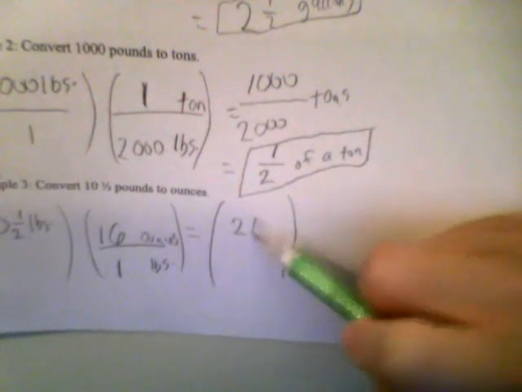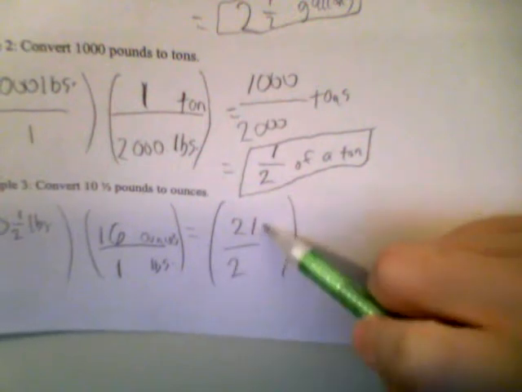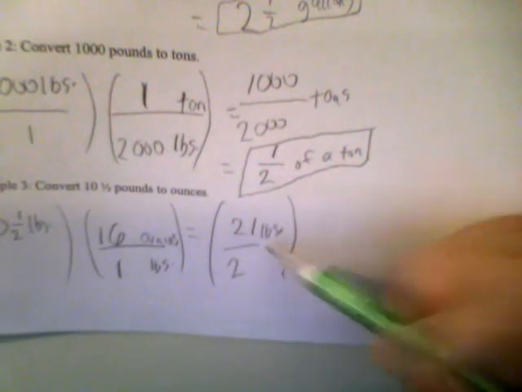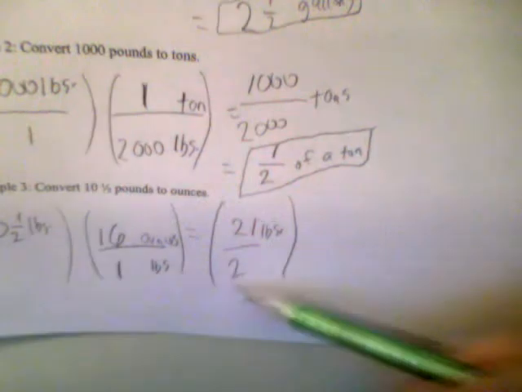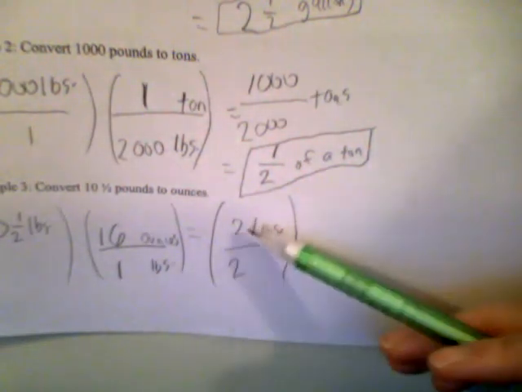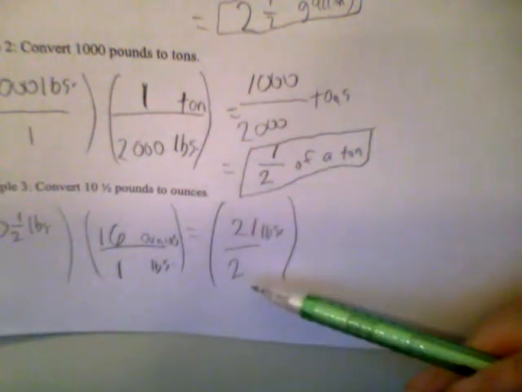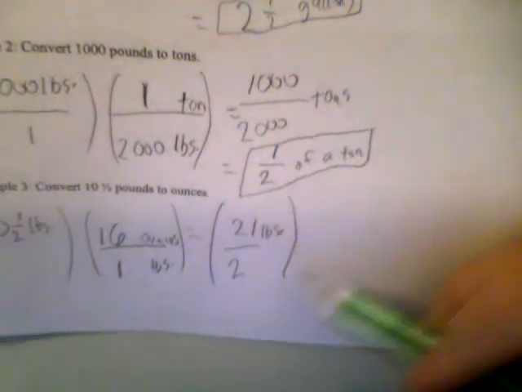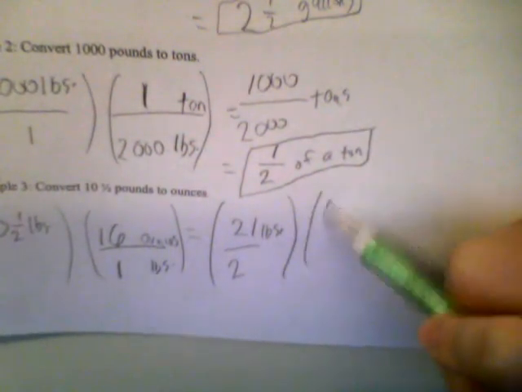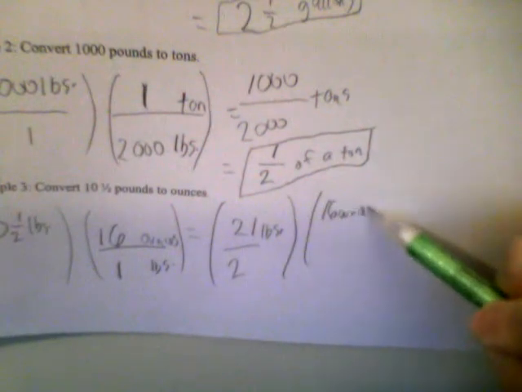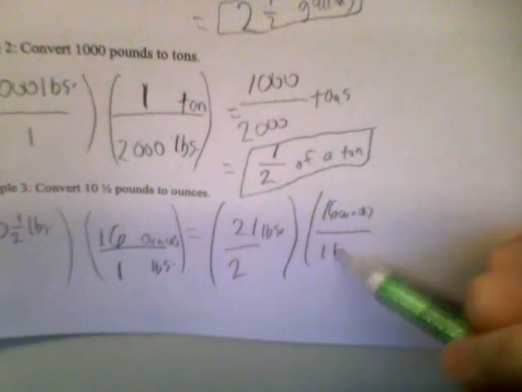It's just 21 over 2 pounds. Okay, so I just took 10.5 and I converted it to an improper fraction. So I'm left with 21 over 2 pounds. So I have 21 over 2 pounds times 16 ounces over 1 pound.